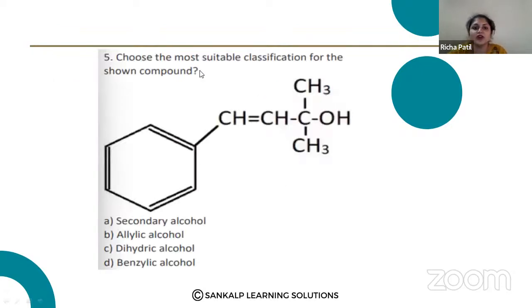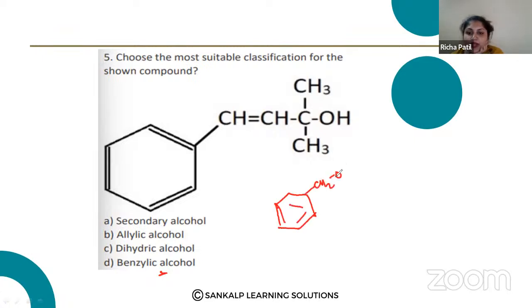So next, choose the most suitable classification for the shown compound. Yes, now this particular dihydric means what? Okay, we'll go from below. What do you mean by benzylic alcohol? Benzylic alcohol means CH2OH.